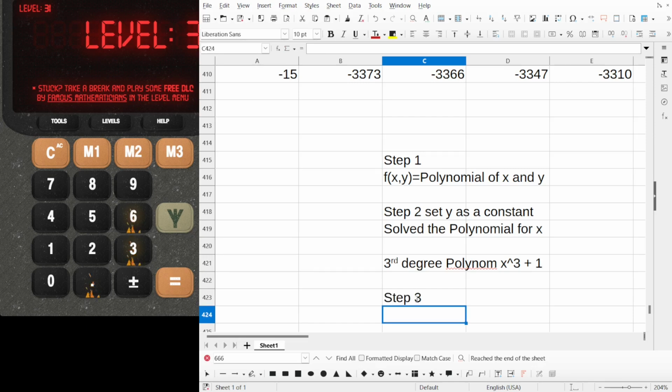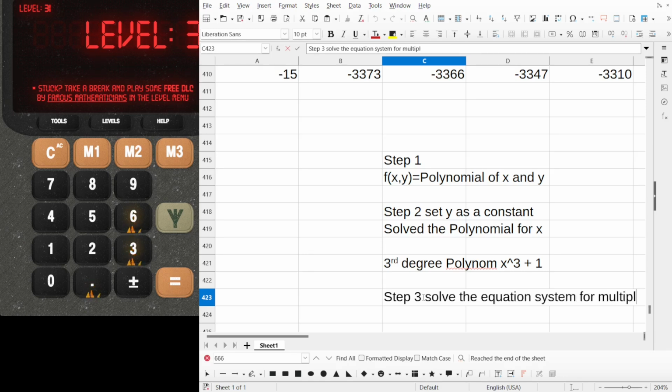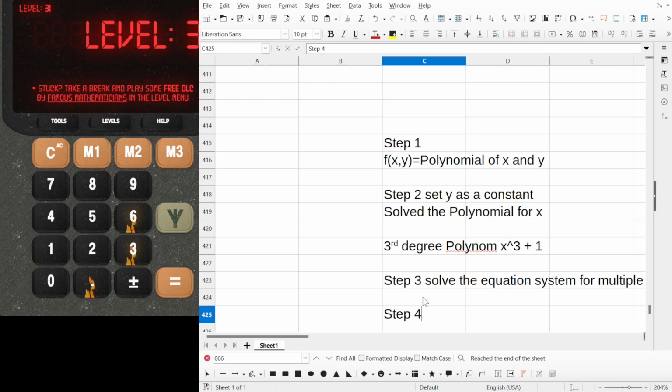What did we do in step 3? We solved the equation system for multiple y. So we did a variation of a constant y, which gave us insights into the behavior of the function when y changes. Step 4.